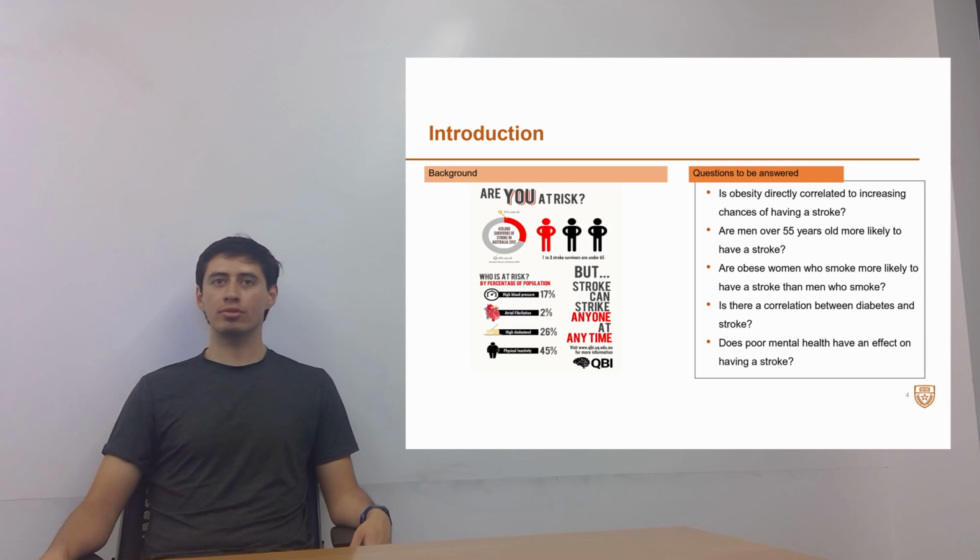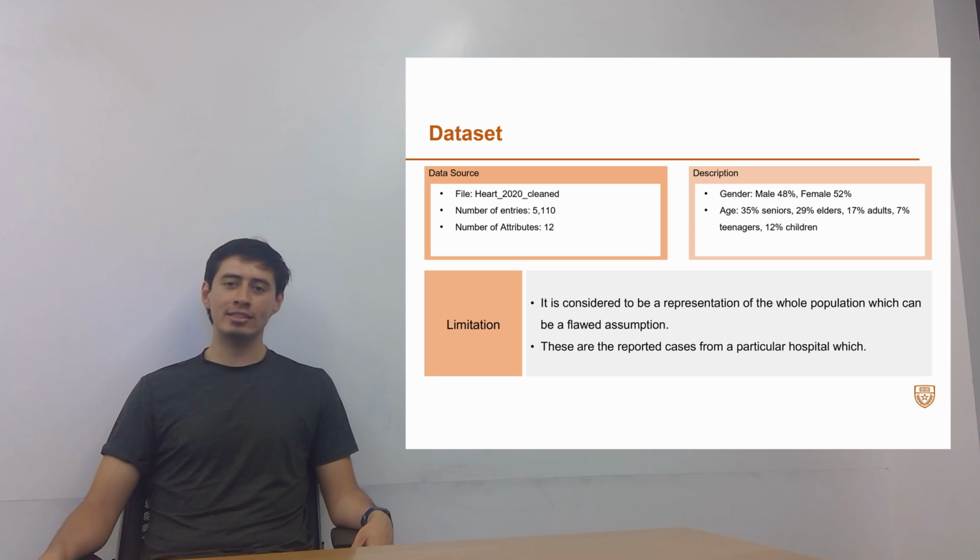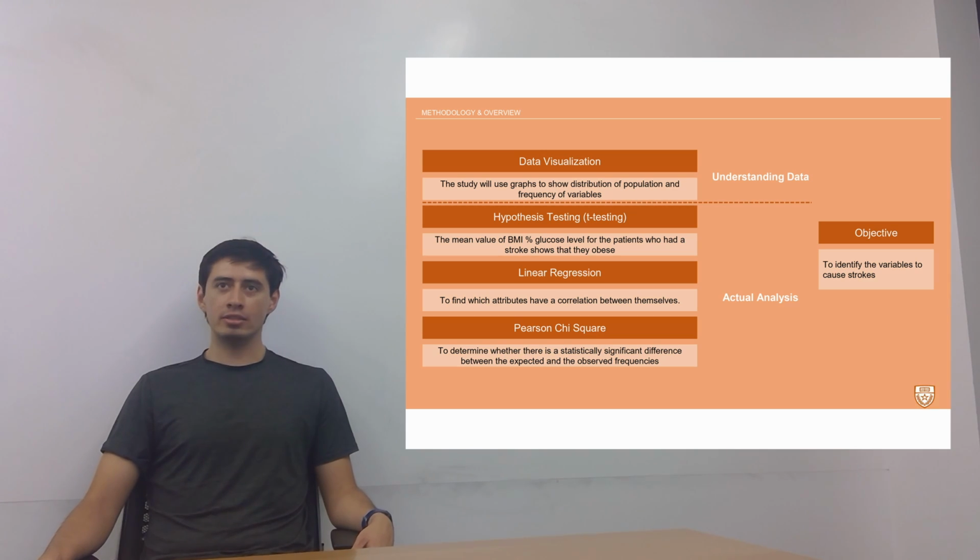According to the World Health Organization, stroke is one of the main causes of death, responsible for 11% of deaths globally. The data set we're going to use has 5,110 entries and 12 attributes. Our objective is to identify which variables cause stroke.